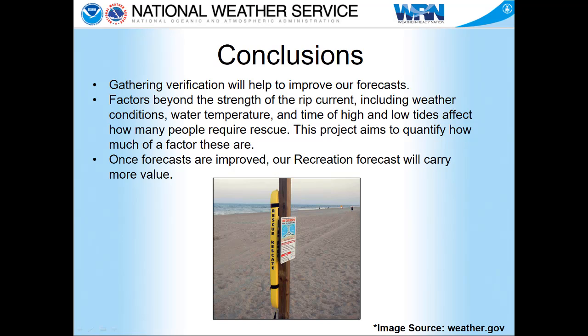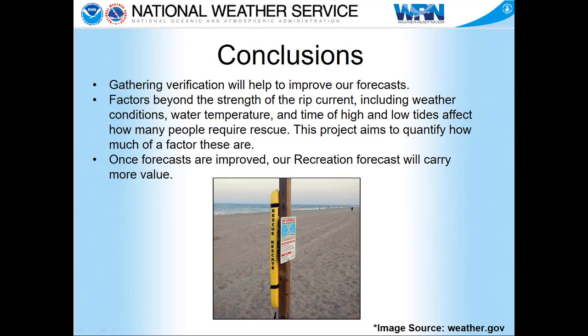So we're certainly interested in the rip currents, but then we're also monitoring the weather conditions, and we're interested in the water temperature, the times of high and low tides, and how many people require rescuing, because where the high and low tide falls during the daytime can have a big impact on how many people actually wind up being rescued, because generally the rip currents will be stronger at the lower tides. So this project aims to try to quantify how much each of those aspects are a factor.